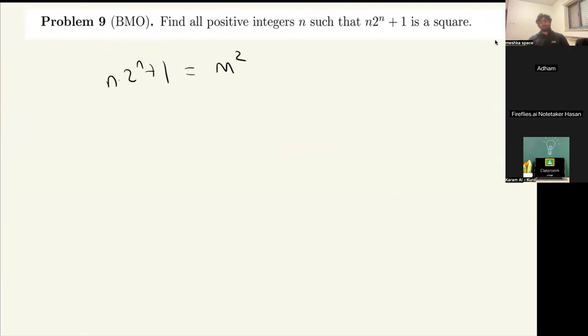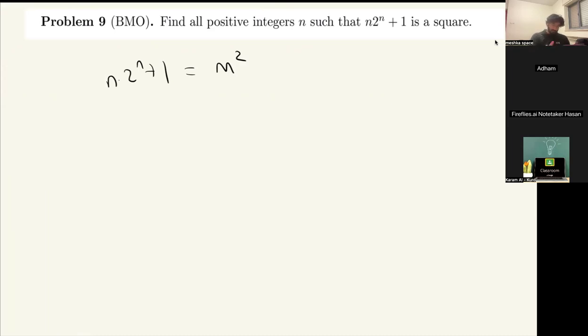Any idea where we can start? Well, we know that the square of an odd number, so we can just substitute. I'm just trying stuff.